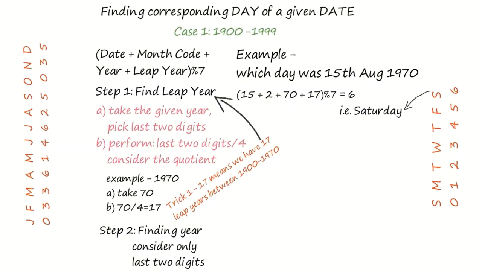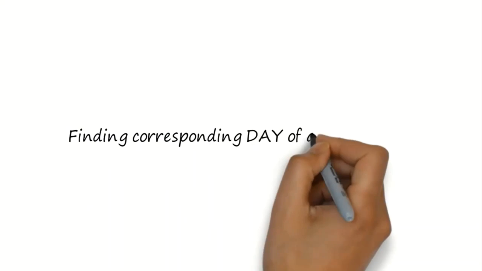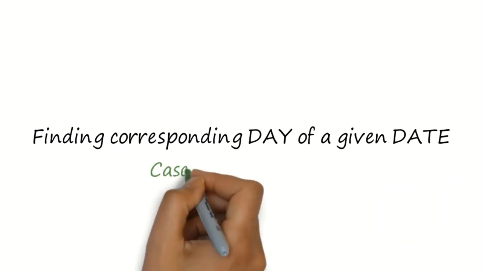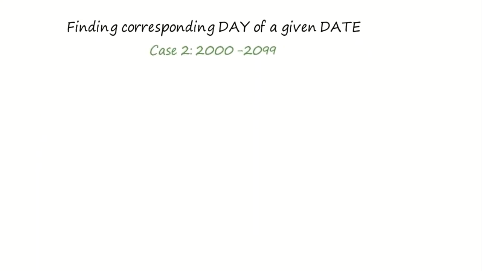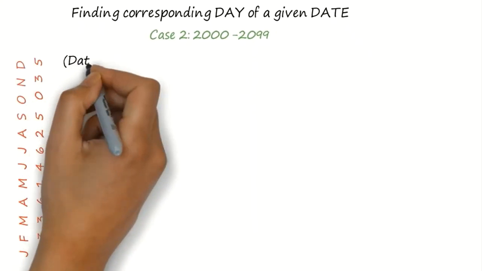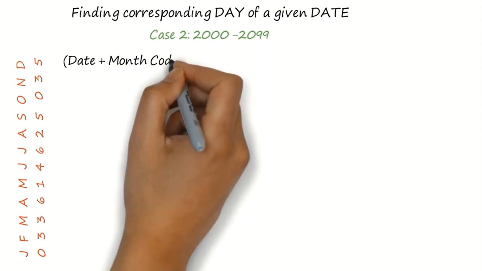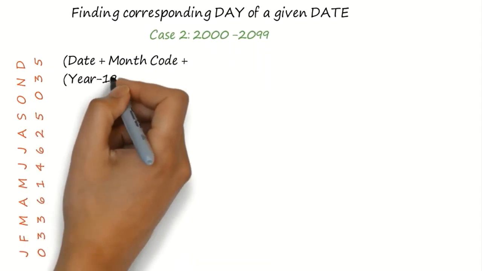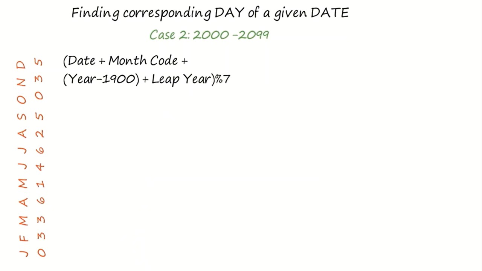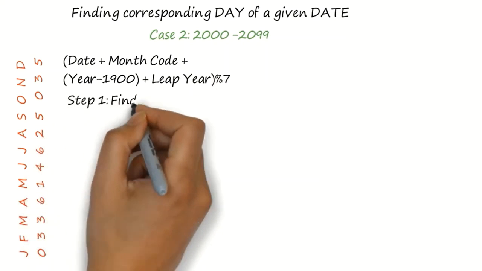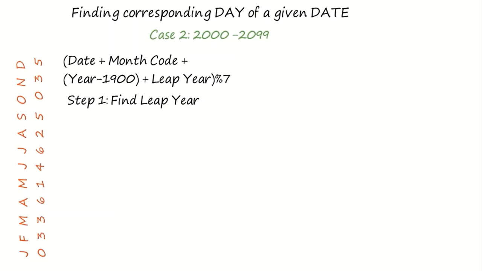Now let's move to case 2. Let's now try to find out the day if the year is between 2000 to 2099. To solve this problem, we would need to accommodate the same formula with the given situation, and that can be achieved by subtracting 1900 from the given year. So the first step is to find the leap year.